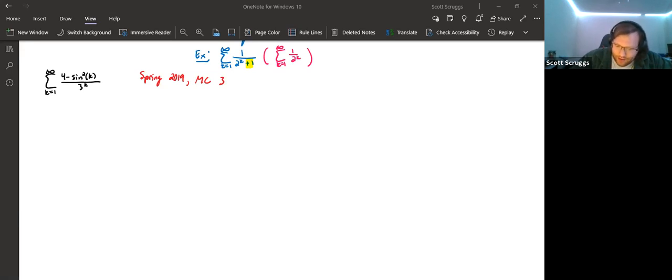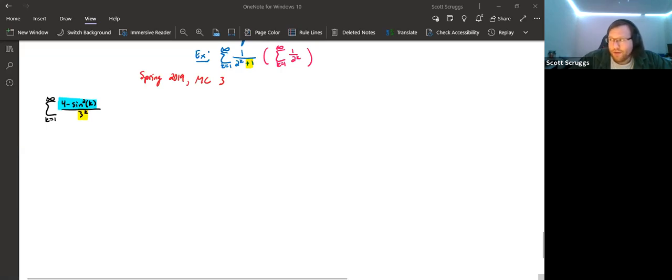Let's give myself a little bit of room. So here's how I'm deciphering and thinking about it when I see it. First thing that comes to my mind here is I see that 3 to the k power. Now, because of that numerator, I can't use a geometric series test right off the bat. I'll have to work my way up there. But I am very close to it.